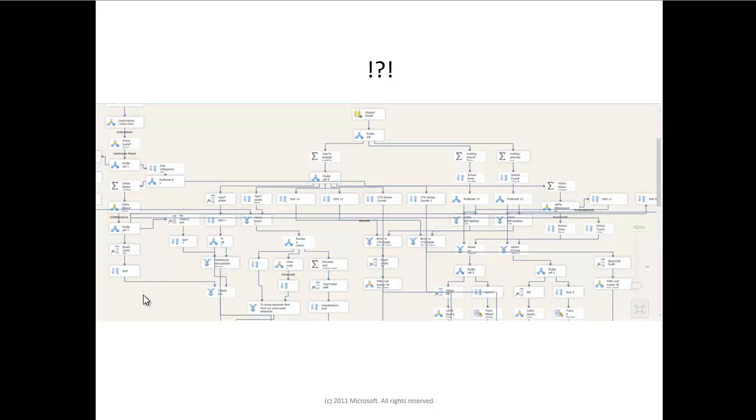Now I've purposely made this a little bit blurry, but you can still get some understanding of what's going on here. Here you have a source, you have a condition, you have a split or a multicast into some aggregations, some more sorting, some more joining, and additional aggregations and additional sorting going on. So you have lots of asynchronous type operations going on here.